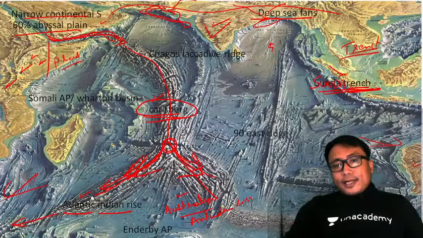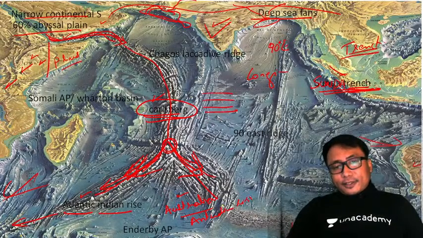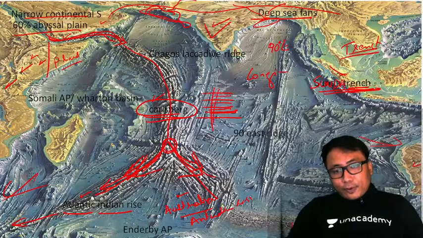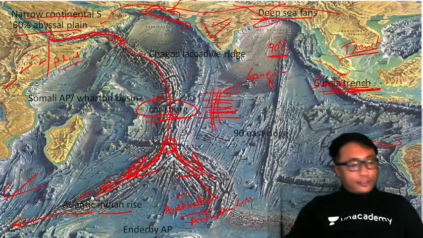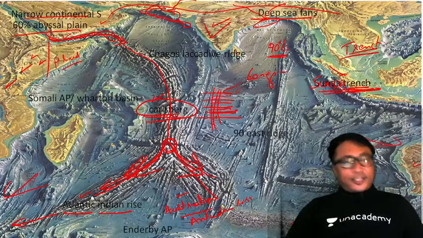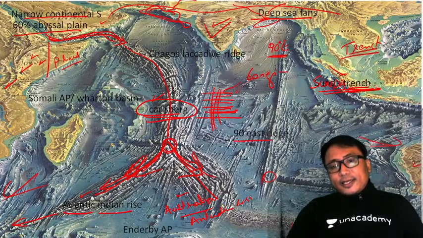Now, at around 90 degree east longitude, you have latitude and longitude. These are the latitude lines, if it is the equator. If it is from pole to pole, this line is longitude. So around 90 degree east longitude, you have one ridge. This ridge is known as the 90 degree east ridge.